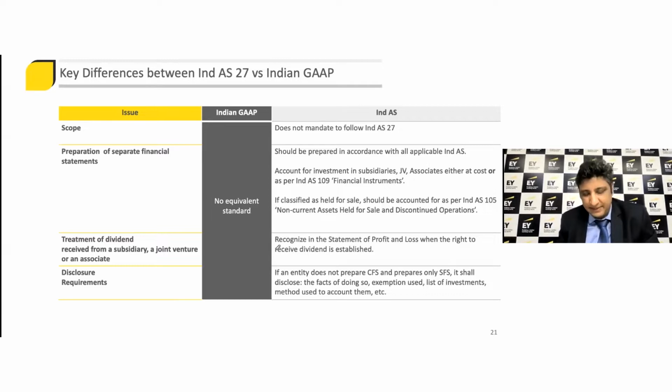But when you look at the Ind AS, there is no mandate to follow Ind AS straightforward, and it would be prepared in accordance with all applicable Ind AS, and accordingly those measurements are done. Either you show it at cost or as per Ind AS 109, unless it's, for example, a kind of a disposal group. If it's held for sale, then you apply Ind AS 105 measurement criteria.